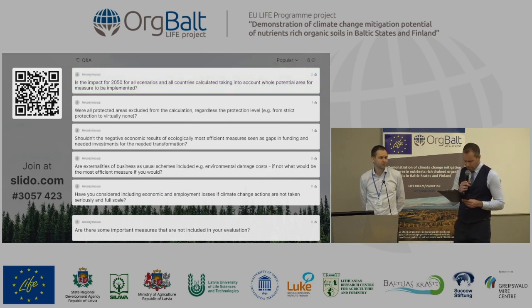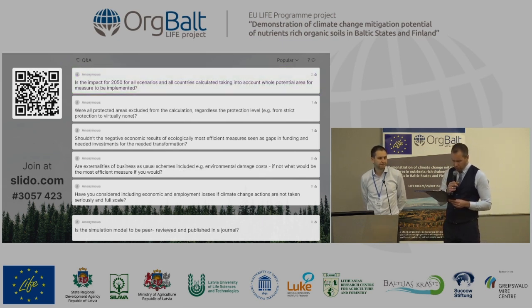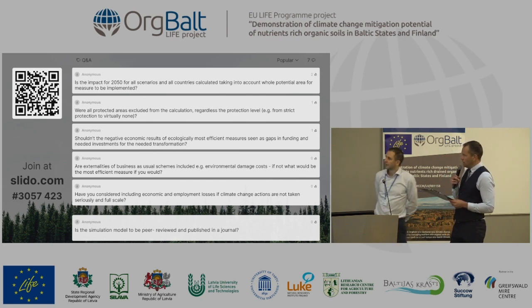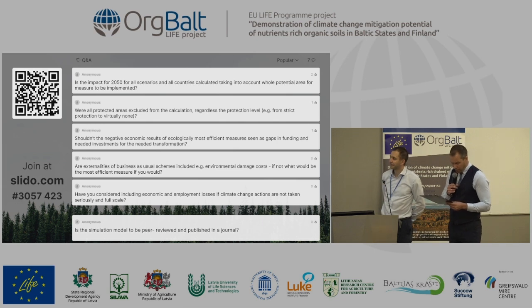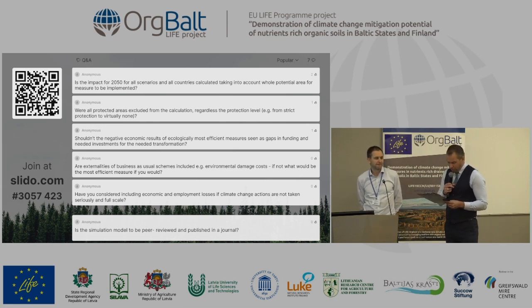Next. Is the impact for 2050 for all scenarios and all countries calculated taking into account the whole potential area for the measure to be implemented? I didn't get it either. No. Let's skip it. Were all protected areas excluded from the calculation regardless of the protection level, for example from strict protection to virtually none?